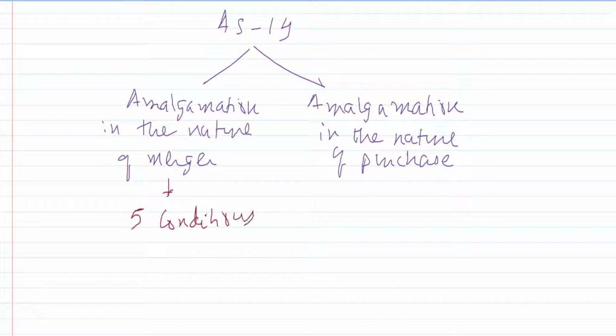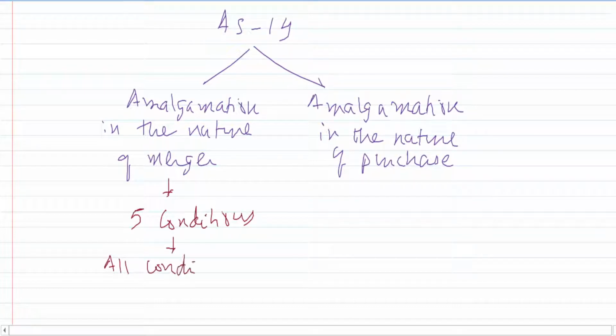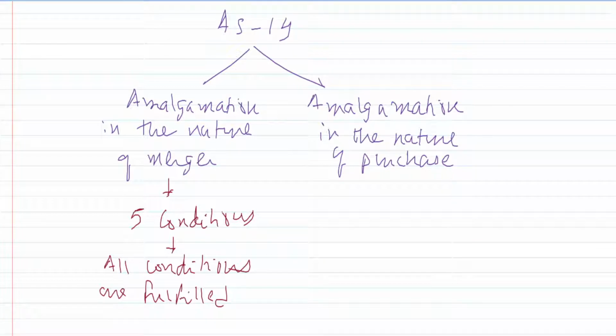Now, there are five conditions. If all conditions are fulfilled, I mean all the five conditions, then we consider it to be amalgamation in the nature of merger. If any one condition is not fulfilled, then it becomes amalgamation in the nature of purchase.